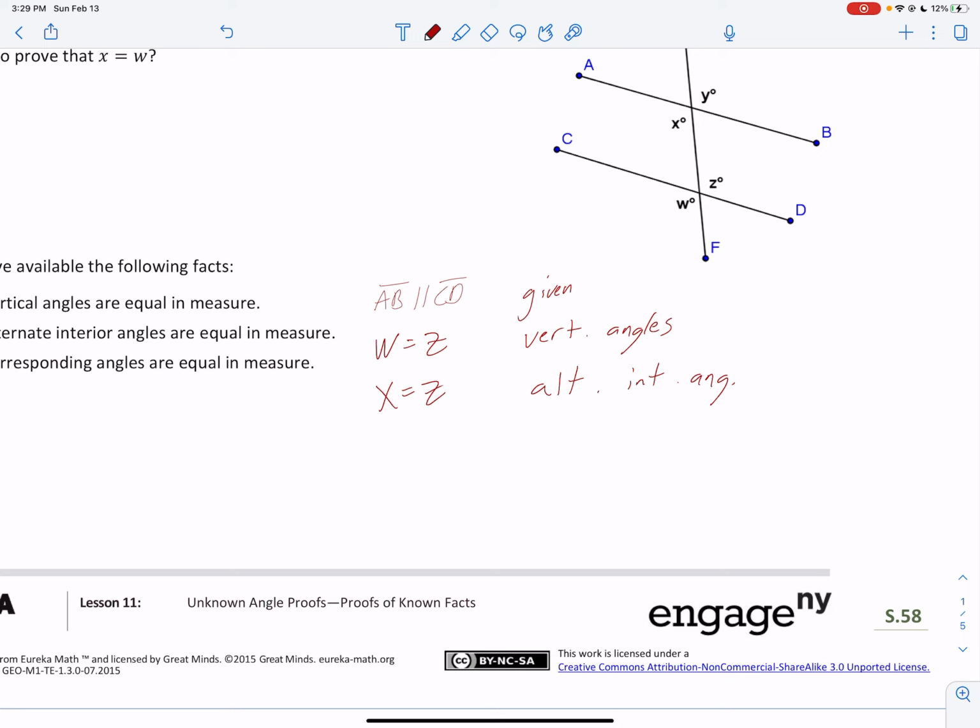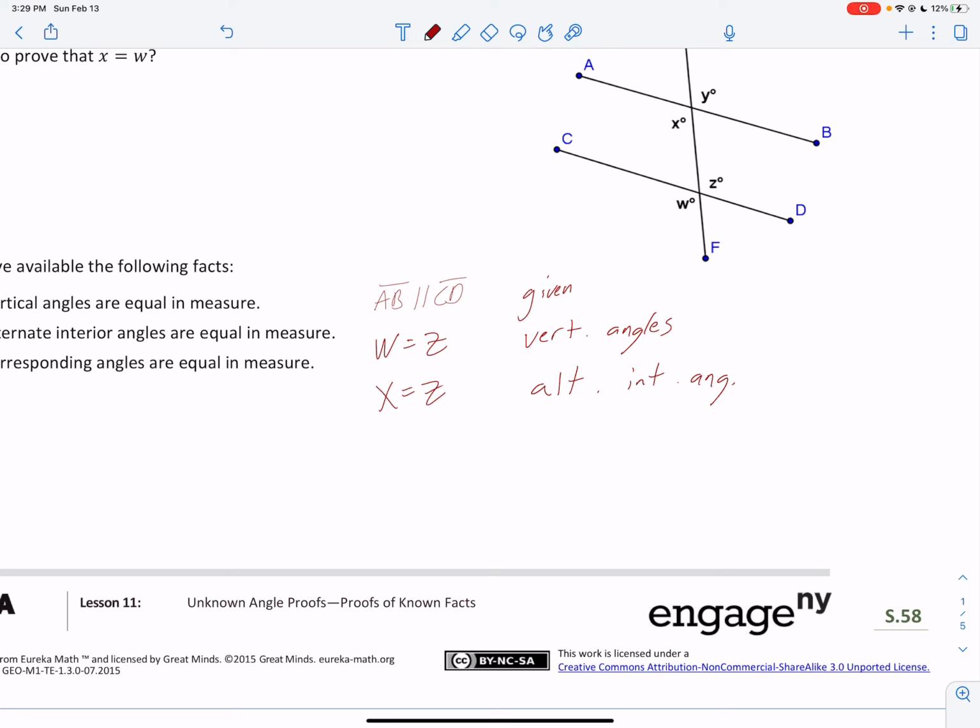So I have these two statements. I have W is equal to Z because they're vertical angles, and I have X is equal to Z because they're alternate interior angles. So we're allowed to do that. But what's cool about this is that when W equals Z and Z equals X, we can use either the transitive property or the substitution property of equality, either one works, to set them equal.